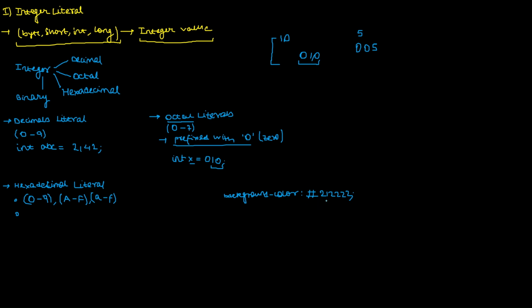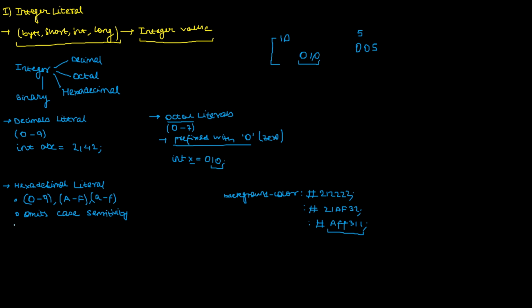So you can have a background color of, let's say, 21AF32, or you can also have a background, let's say, AFF311, and so on. Since these are not case sensitive, Java also omits case sensitivity in a hexadecimal literal, and this is the only place, I suppose.